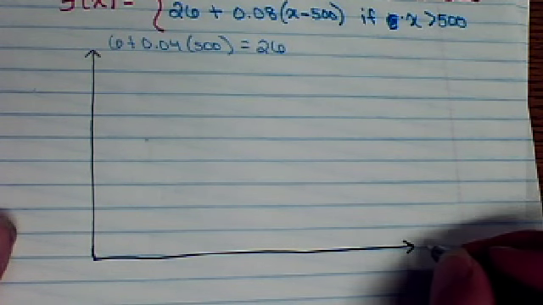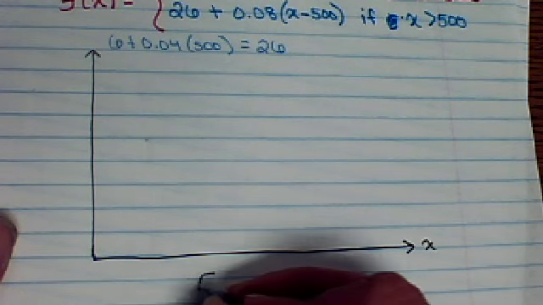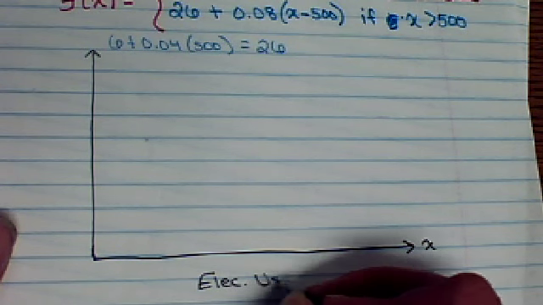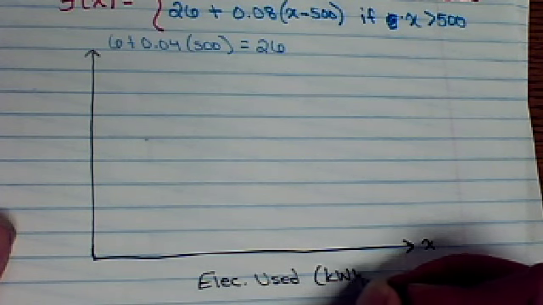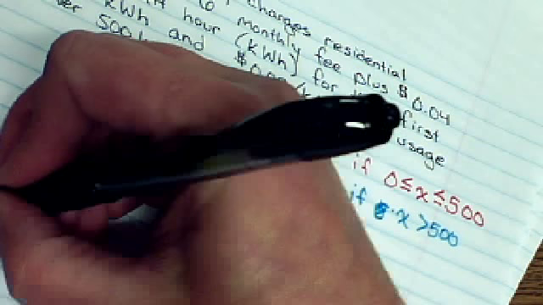Okay, so this is my X. This is electricity used in kilowatt hours. This is the monthly bill.